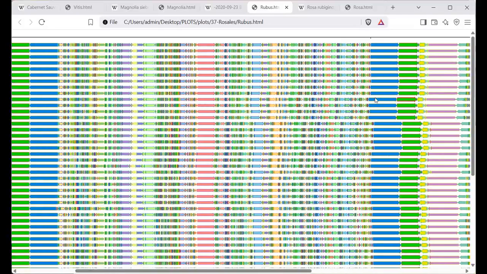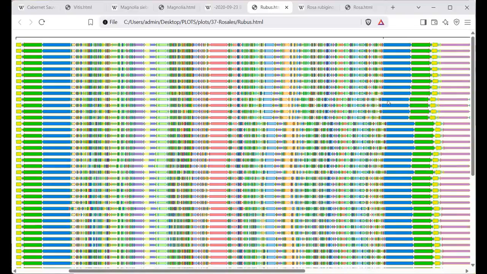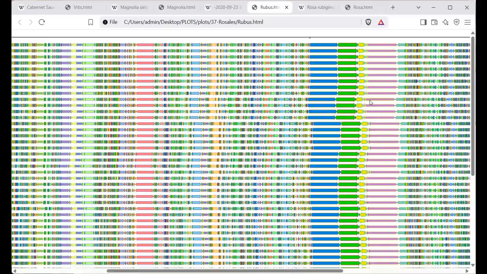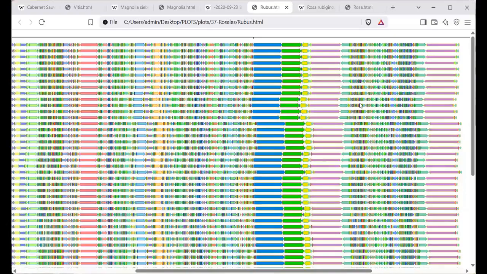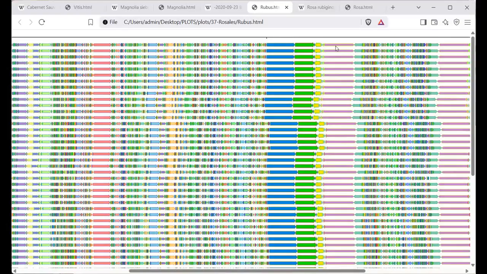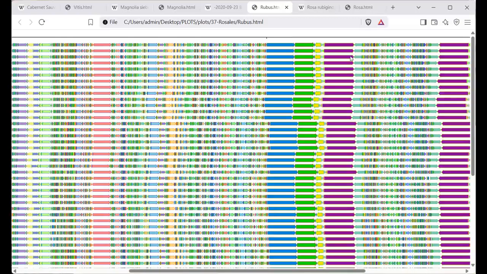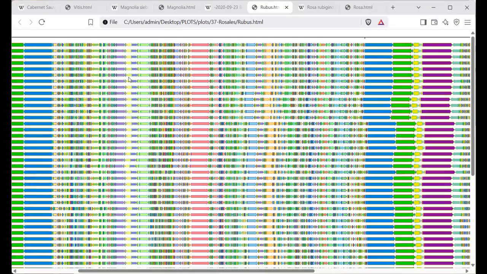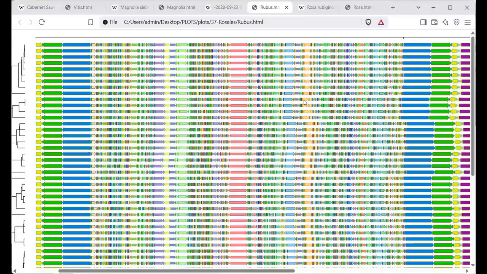So those three constitute the inverted repeat, and then there is another portion of the inverted repeat, this one. So in between you have the short single copy region, and here this longer area. These sequences are the long single copy region.